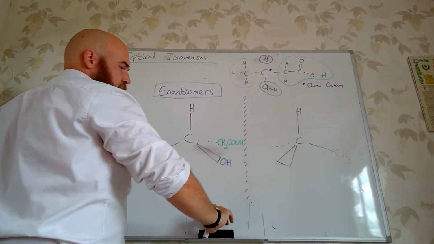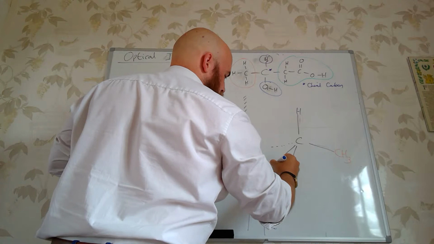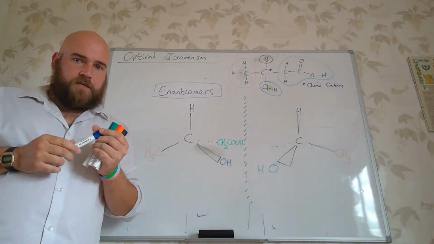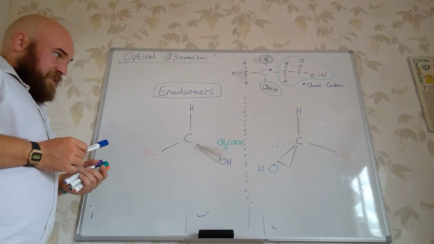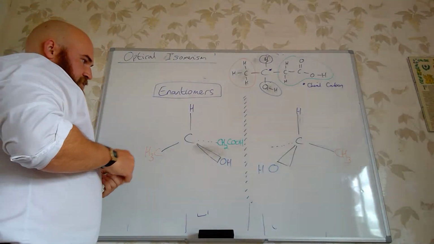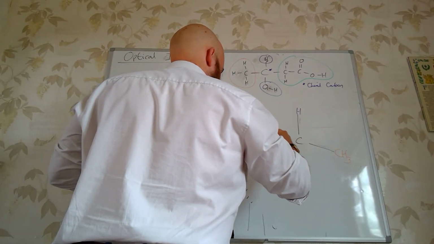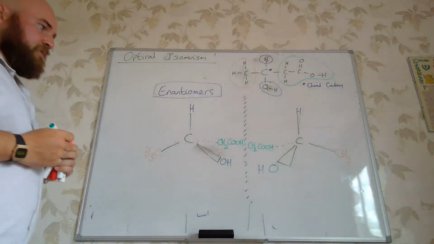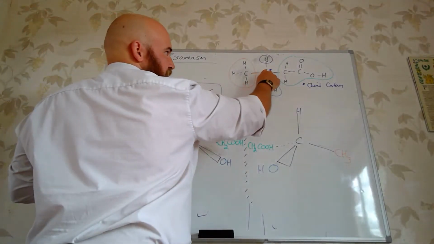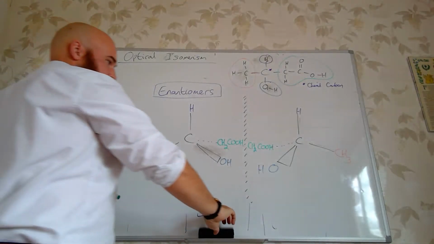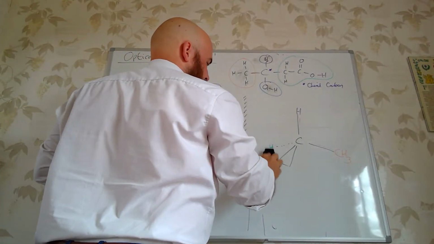So if it's OH on the left, it must be HO on the right. And then this bit here, again, don't write it as CH2COOH, because you're basically saying that this carbon here is bonded to that hydrogen, which is wrong. So you just literally have to mirror it, which is why they're mirror images.